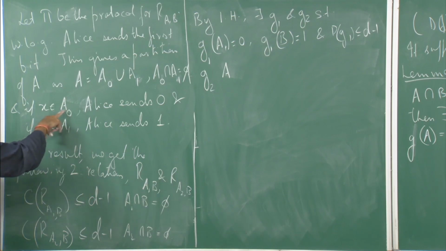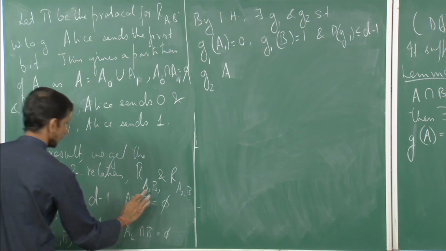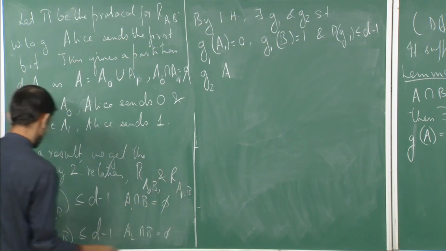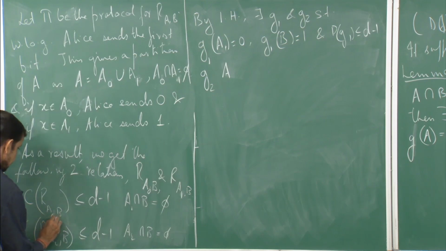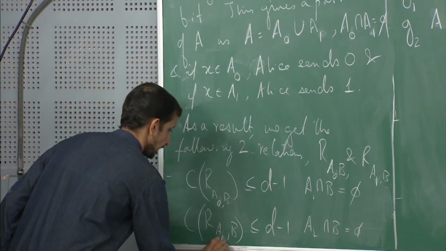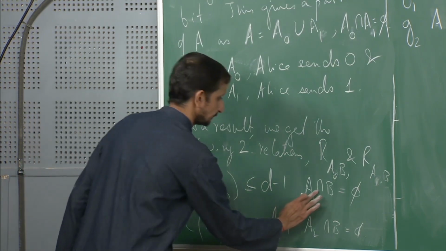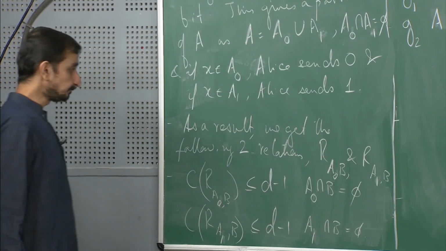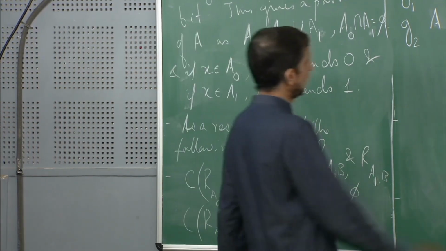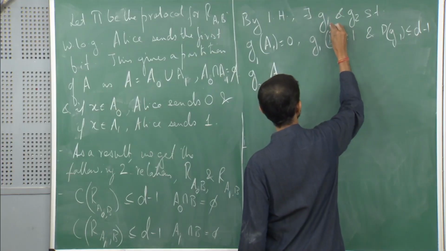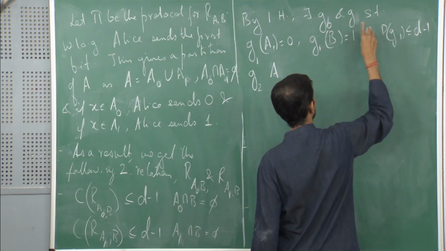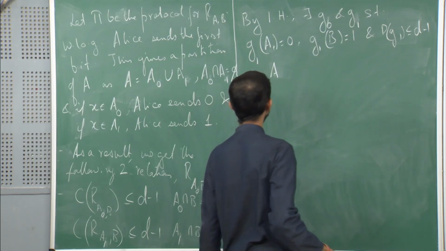So it should be A0 A1 here, and let me write this also as G0 and G1.